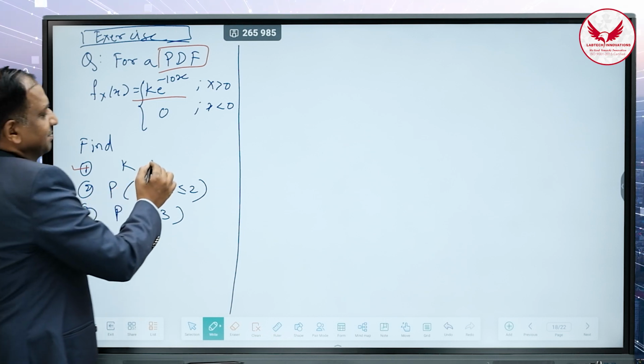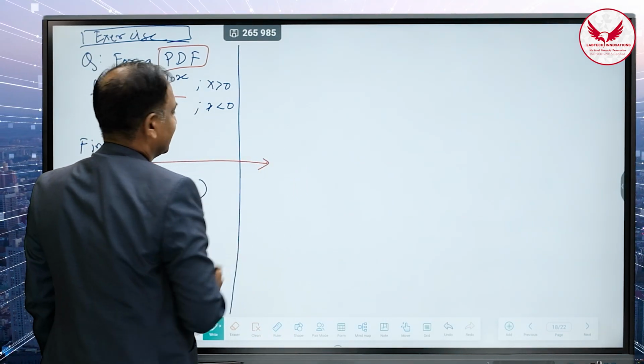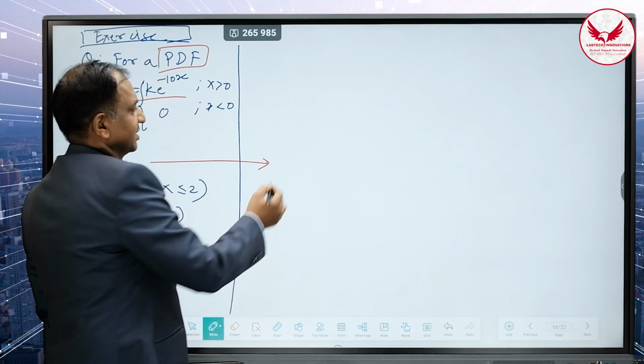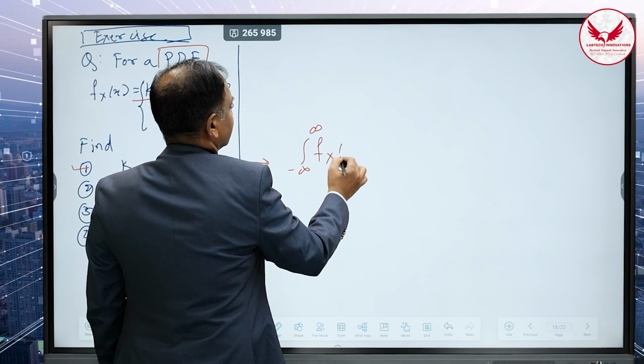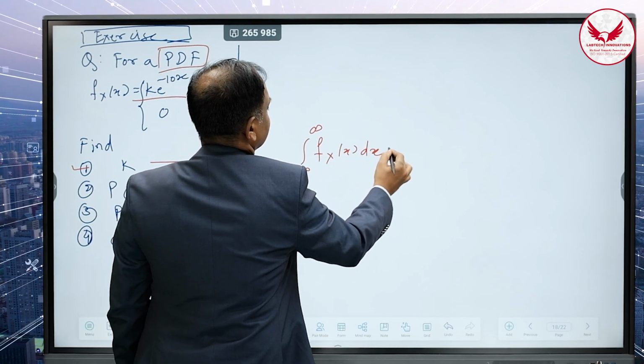For the first problem, you have to use the property that the area under the probability density function is 1, that is, the integral from minus infinity to infinity of f(x) dx is equal to 1.